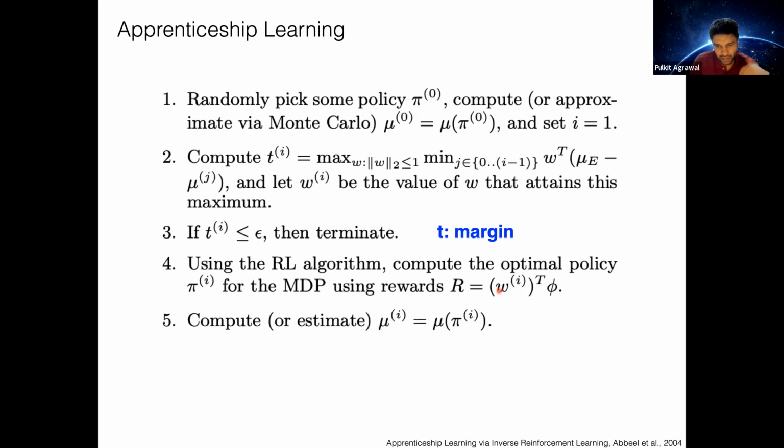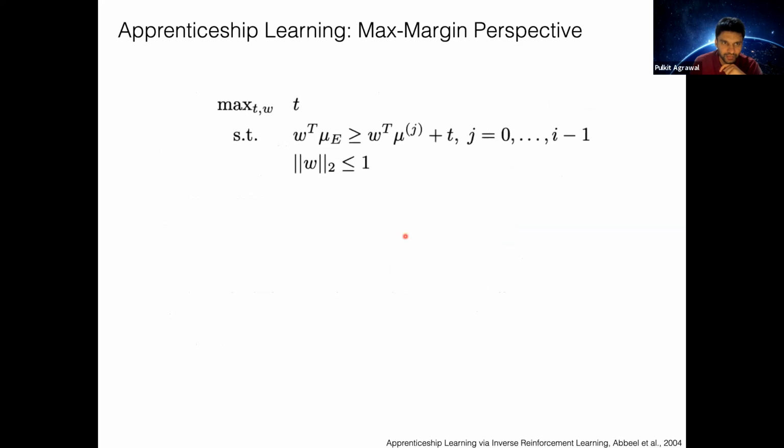Now I have a new policy, I can compute the feature expectation and repeat this loop over and over again. So in a way, we just described the same thing that we discussed in the previous part of the lecture. But I think the takeaway is the interpretation that feature matching and finding the reward function are equivalent when the reward function is linear in features.